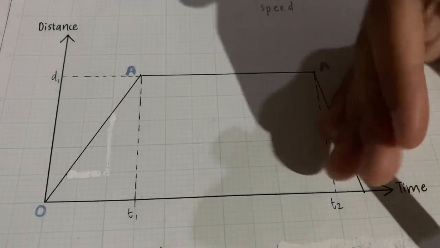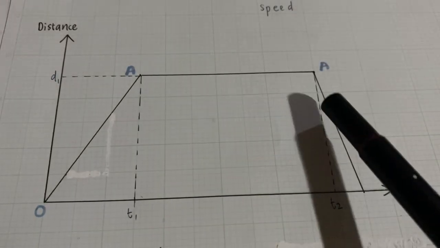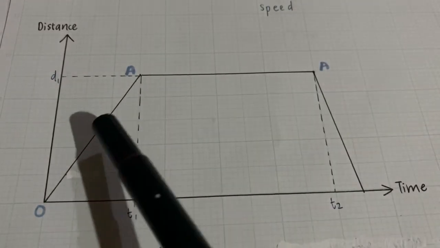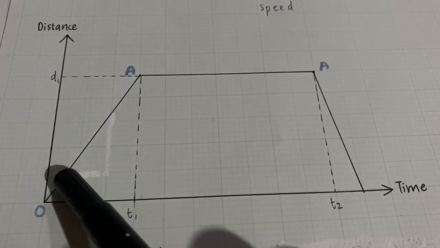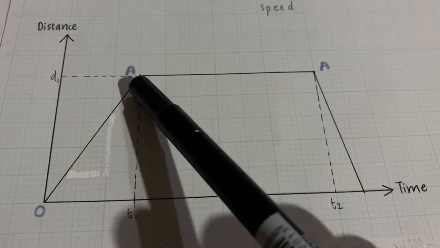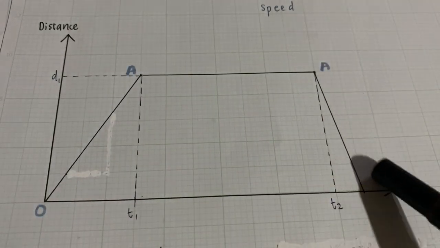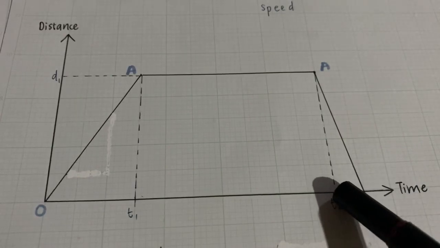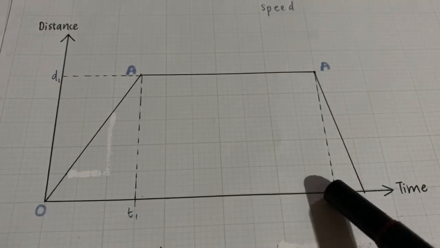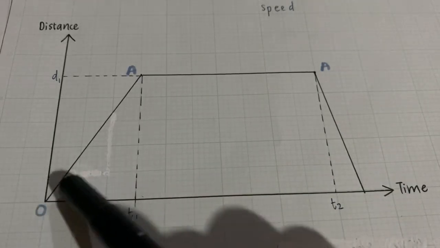The steepness of the slope is not the same, which means that they are not going at the same speed. So if this is 40 meters per second, but the slope is less steep, it is going slower here, but it is going faster here, which also explains why the time between these 2 points is smaller than the time between these 2 points.